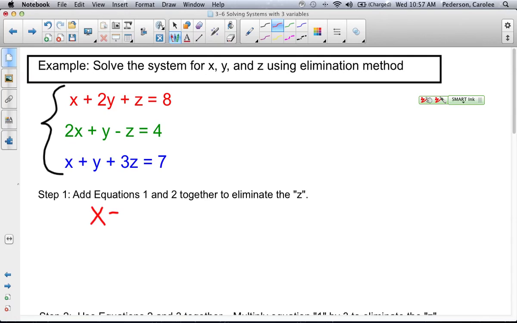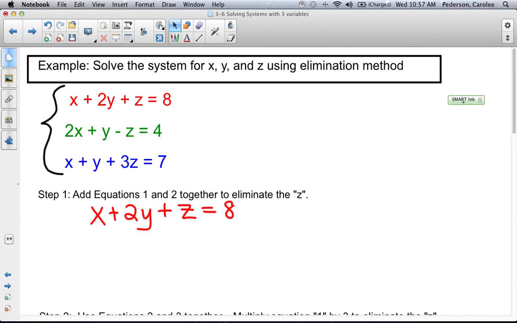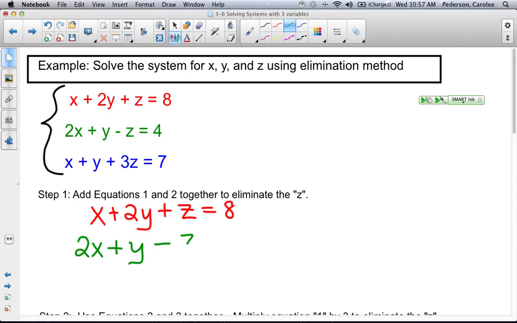So first equation is in red, x plus 2y plus z equals 8. The second equation is in green, 2x plus y minus z equals 4. And I'm going to go ahead and add them together.